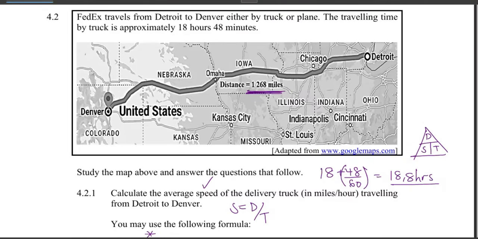All right. So the distance is 1,200 divided by 18,8.